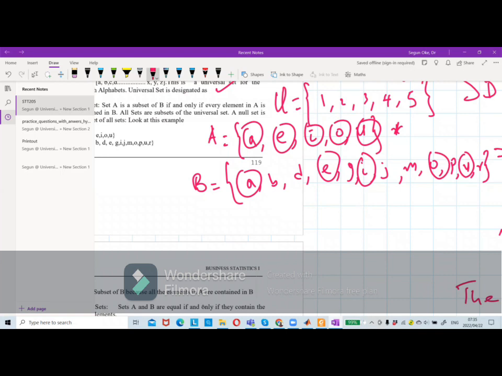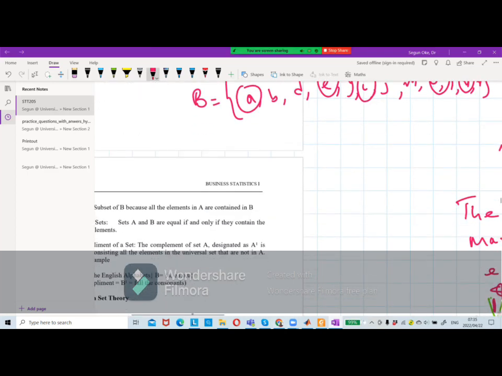So it means that A is a subset of B. That is, B contains more elements than A, and all the elements in A are also contained in B. Using that word contain, it means it accommodates them. It's a big set.